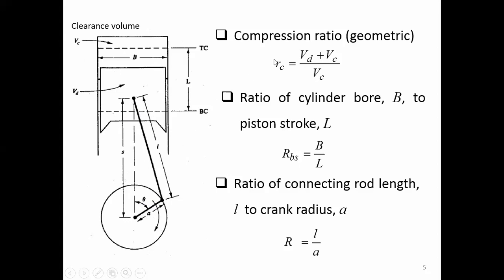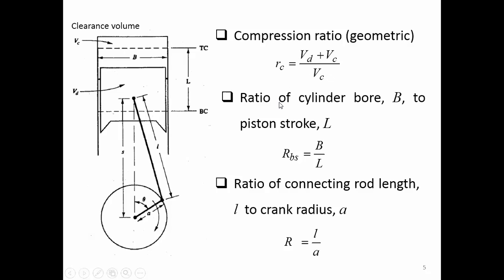Okay, the next one, again back to our cautions, the parameters. Compression ratio, geometric, not pressures. This compression ratio comes out from the maximum volume, the total volume, VD plus VC, divided by the clearance volume.